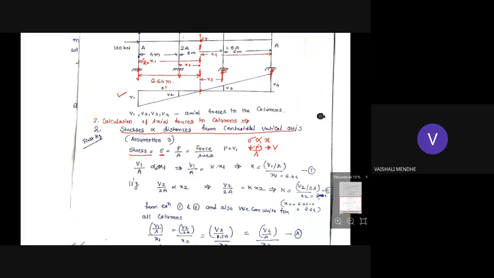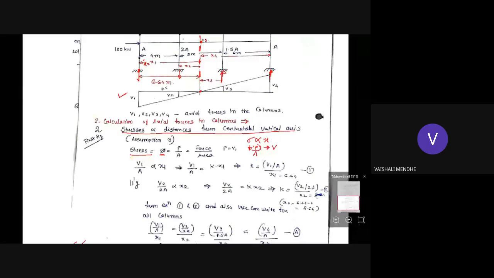So first of all, we'll make a relation of that. So for this first case, first column of this story, sigma is directly proportional to x, that is x1. So sigma I have replaced with V1 by area, force by area. And how much force I have considered? That is V1. So V1 by A is directly proportional to x1.